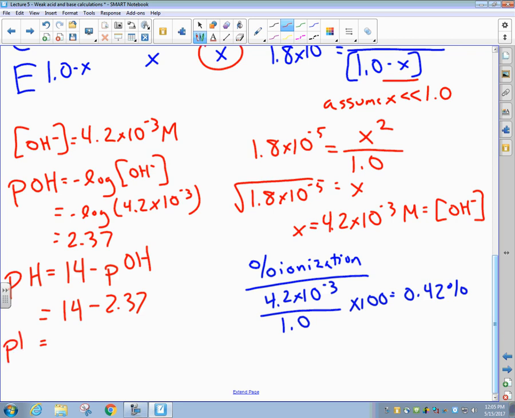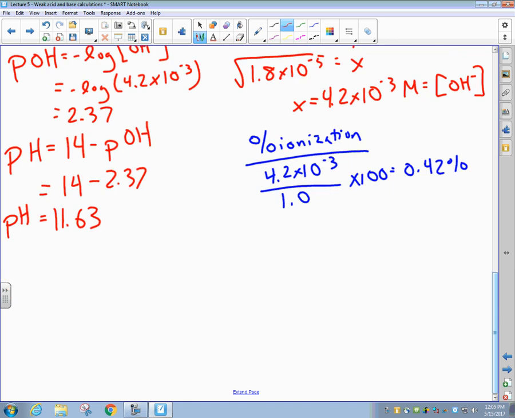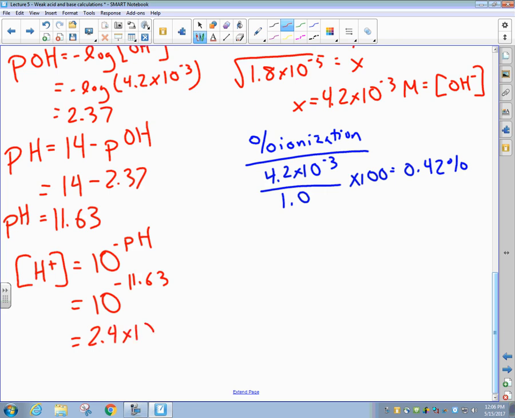My pH value is 11.63. And then lastly, my hydrogen ion concentration, 10 to the negative pH. And that number is 2.4 times 10 to the minus 12th molar.